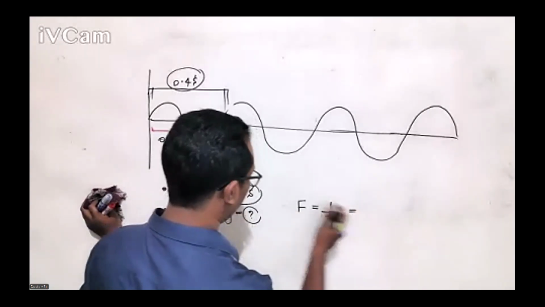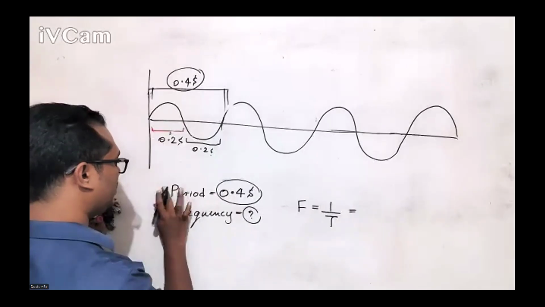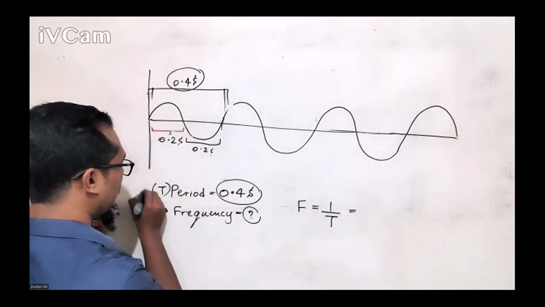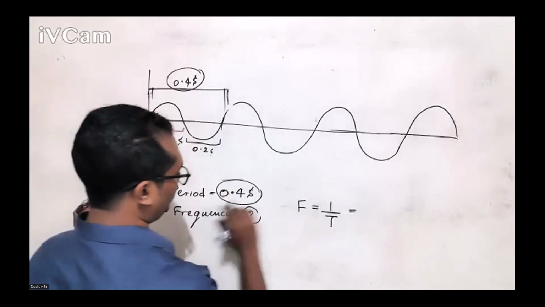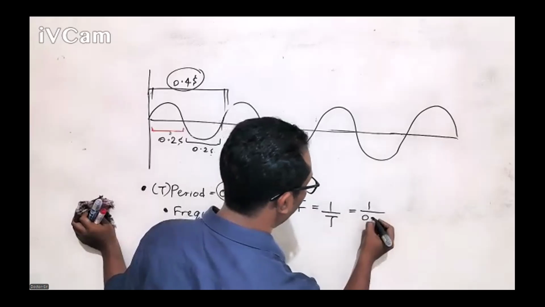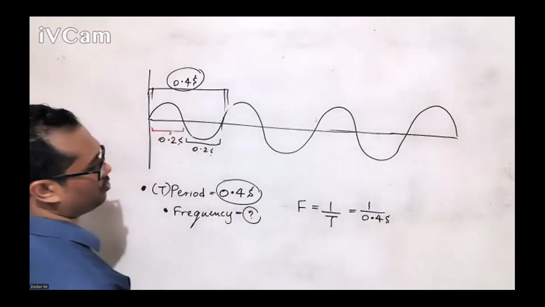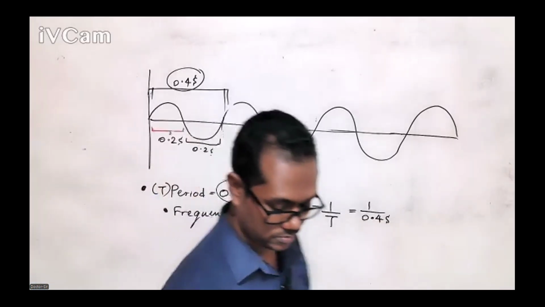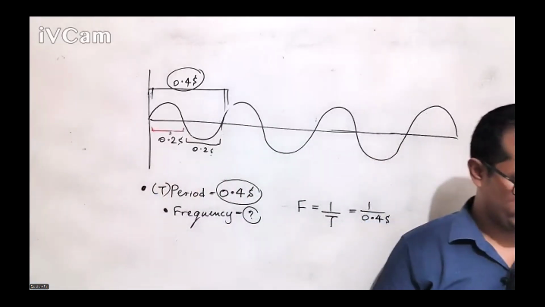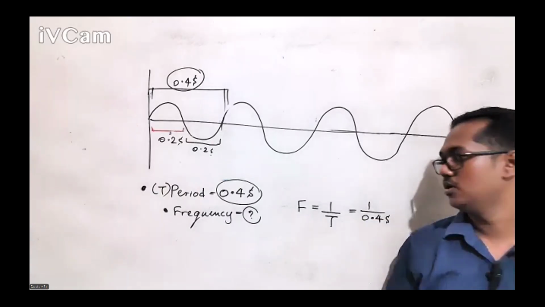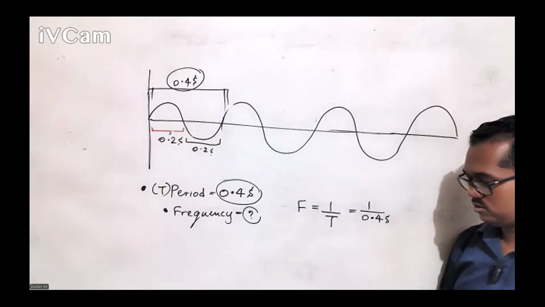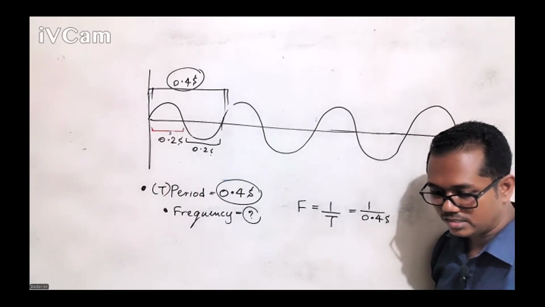Now we found T, the period, capital T. So 1 divided by T is 1 divided by 0.4 second. So 1 divided by 0.4, how much is the value? I'm very weak in mathematics, so tell me your answers.